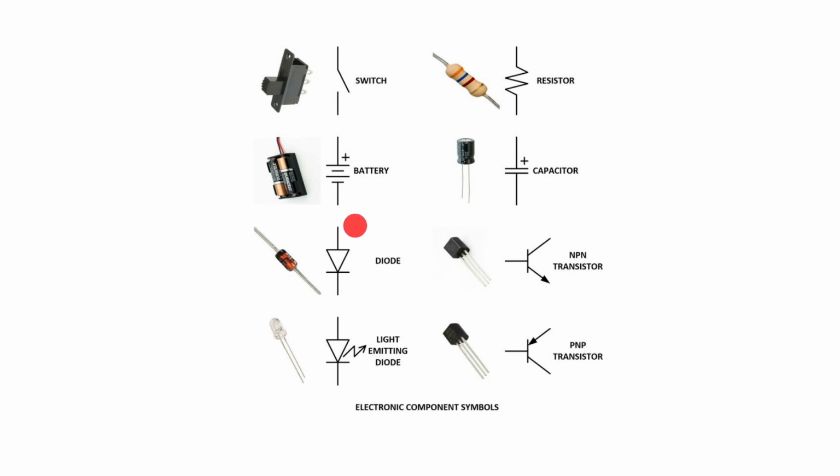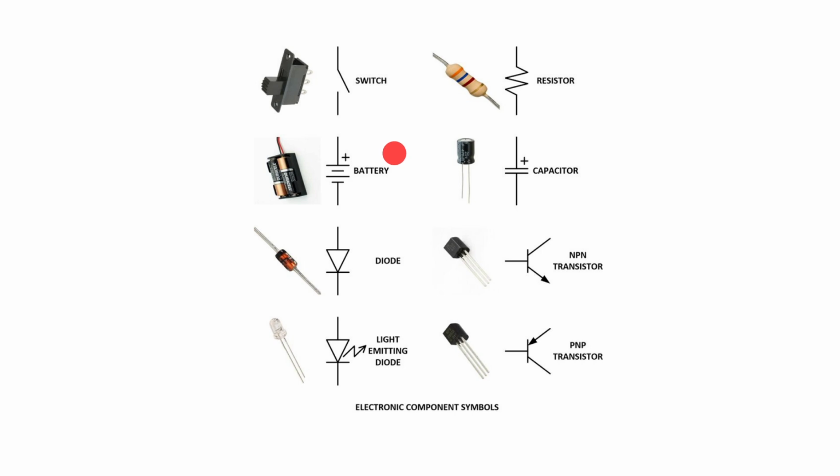A battery is a component that is mostly used to generate electricity by converting the energy found in chemical reactions into these electrons, which are moving, and they create a current.